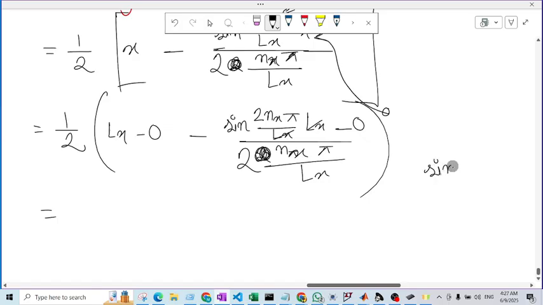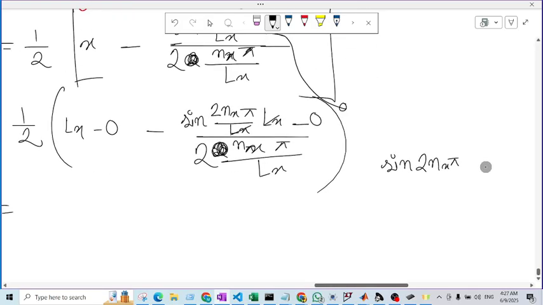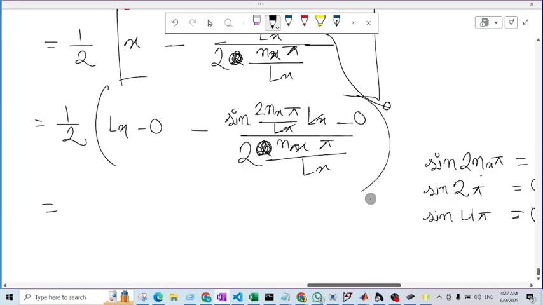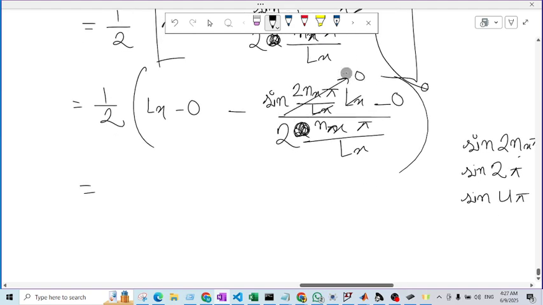So what is sine 2 nx pi? You will see that it is always equal to 0. Why? Let's take nx equal to 1, then you will get 0. Let's take nx equal to 2, that means 4 pi, so also equal to 0. That means this term is always equal to 0, so I will get half into Lx.